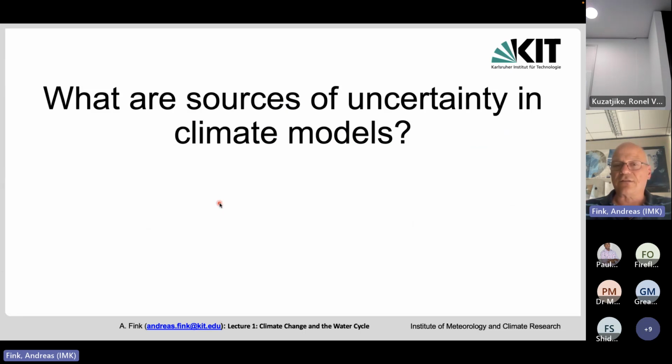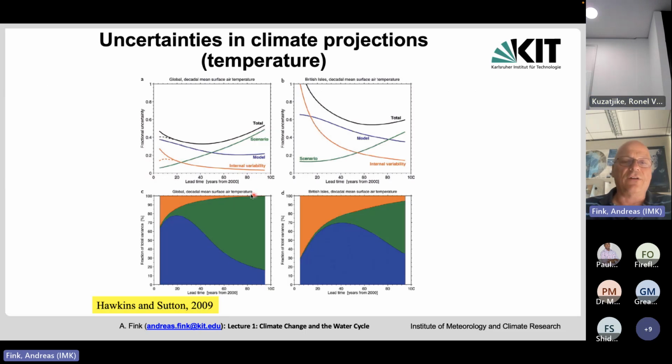And what are the sources of uncertainties in the climate models? For example, this is work by Hawkins and Sutton, and I just wanted to draw your attention to this slide. It's not rainfall, it's the global decadal mean surface air temperature. We start our climate projections, for example, in 2015 and integrate the model until 2100. And the blue here means the model uncertainty.